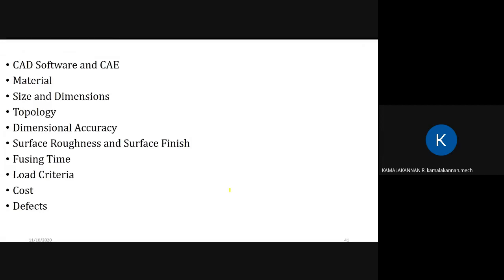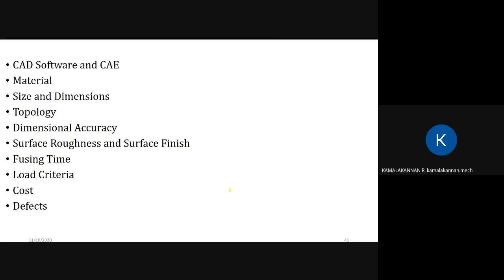Next one is dimensional accuracy. Dimensional accuracy can be achieved by choosing the right nozzle, so that you can get intricate shapes easily, or else some complex shapes cannot be achieved, and it might not satisfy the customers.